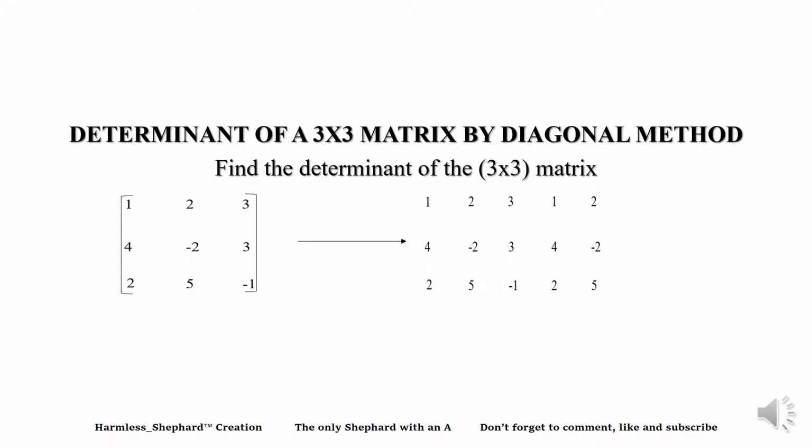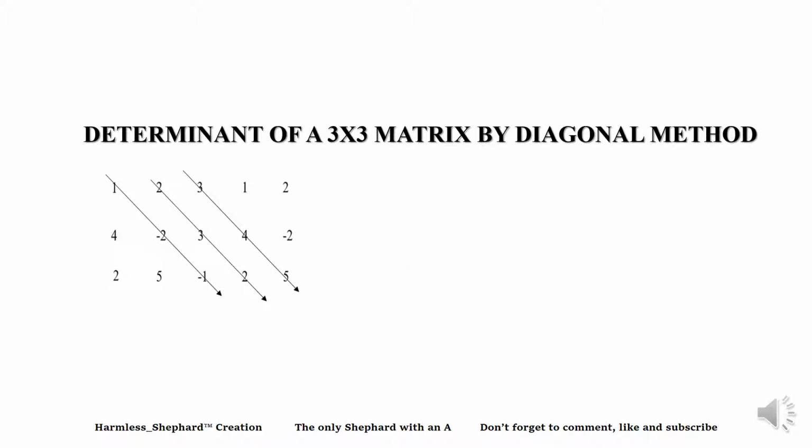diagonally, starting from the first element, the topmost element, that's 1. Let's see the direction of the multiplication. We multiply 1 by minus 2 and minus 1. After, we multiply 2, 3, and 2, followed by 3, 4, and 5.